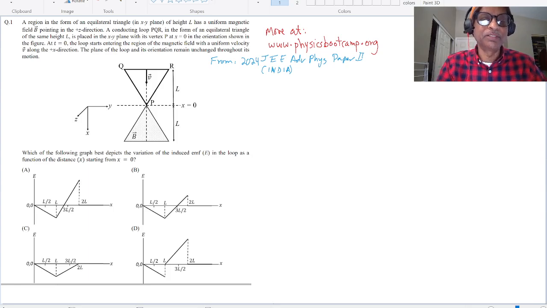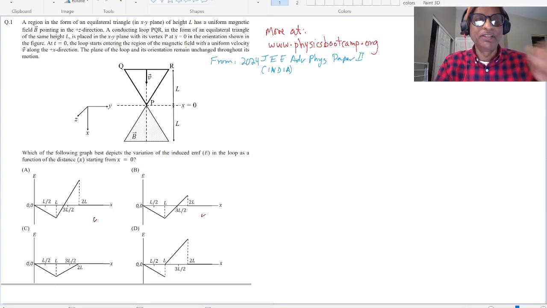If you want to guess around and try to answer, you might have arguments saying either this or this, and the way to distinguish between them is where the EMF goes to zero: whether it goes at 3L over 2 or before 3L over 2. And you can't distinguish between them without actually doing the problem.